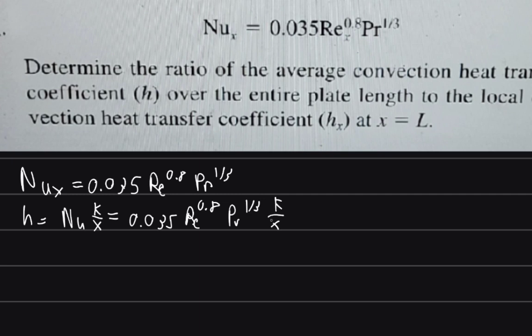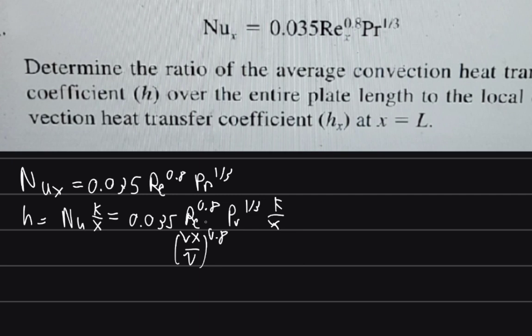Well, we know what the Reynolds number is. The Reynolds number is Vx over nu, and this is all to the 0.8.